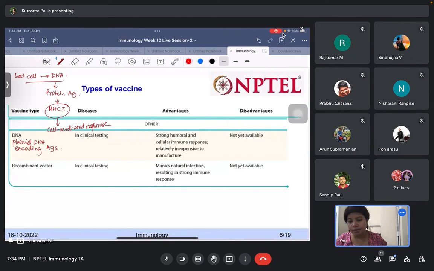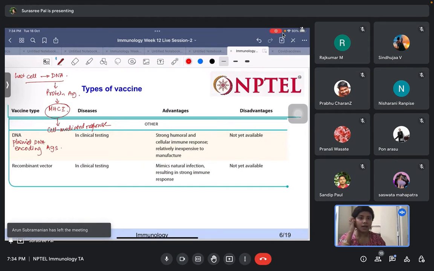So this DNA can either integrate into the chromosomal DNA or it can remain as an episome. This particular DNA vaccine might require some follow-up booster with a protein antigen, which is called a DNA prime and protein boost strategy. So first the DNA vaccine is inserted, and then in the booster a protein is injected into the individual.